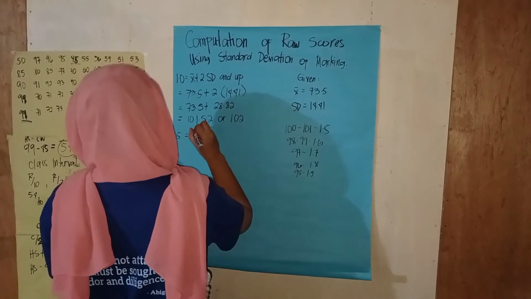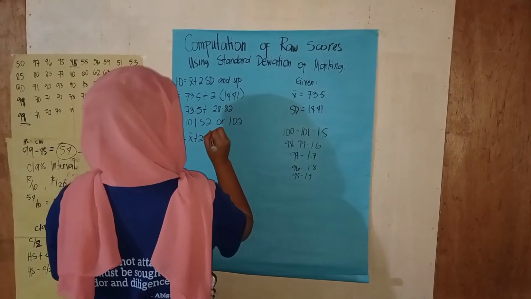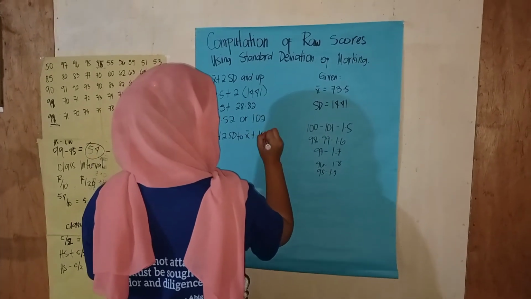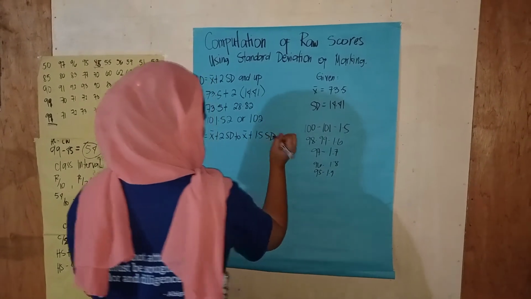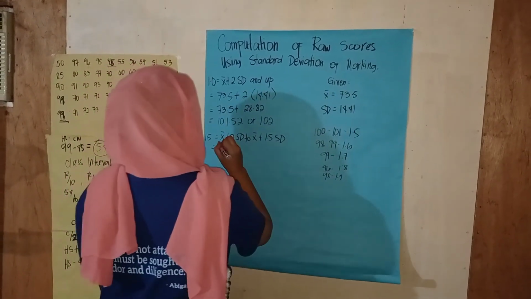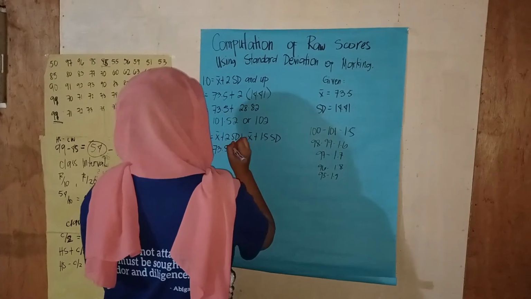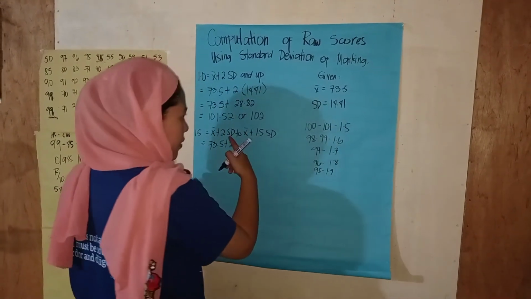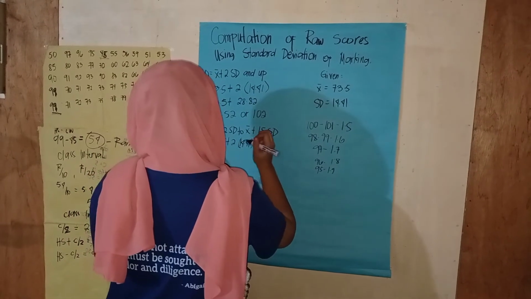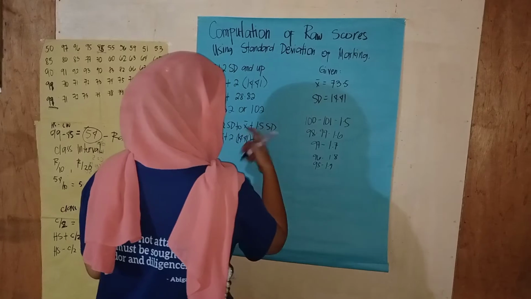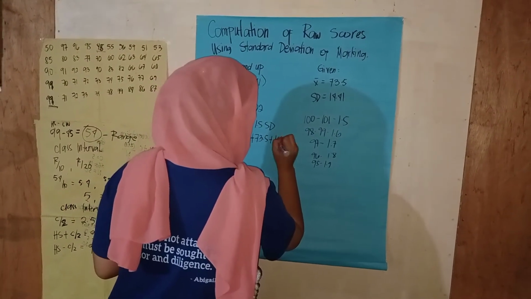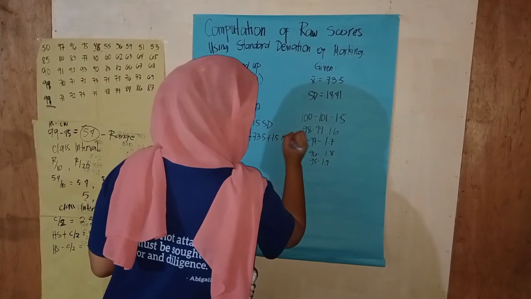So our formula for 1.5 is mean plus 2 standard deviations to mean plus 1.5 standard deviations. Our mean 73.5 plus 2 times our standard deviation 14.41, to our mean 73.5 plus 1.5 times our standard deviation 14.41.